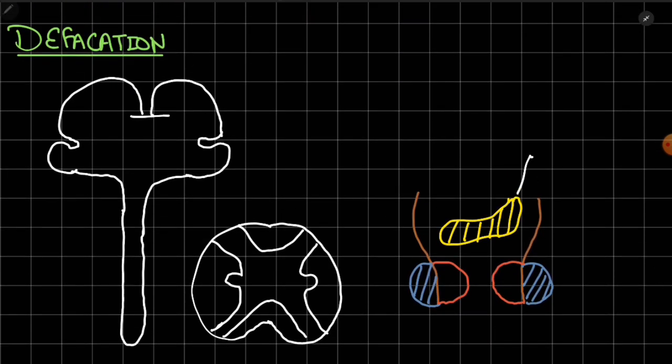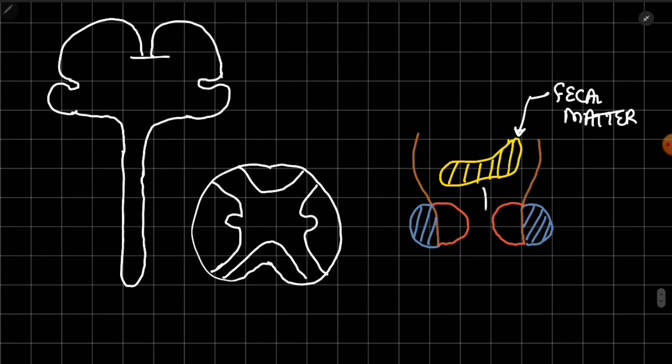Suppose this is the fecal matter. It has reached its maximum size and it shall go out of the body. But there are two things which are preventing it. Now it is inside the rectum.